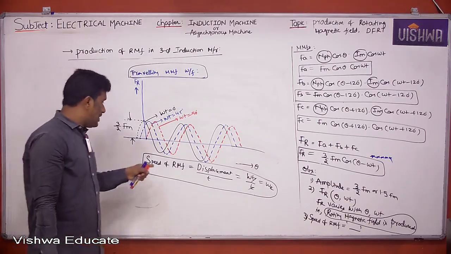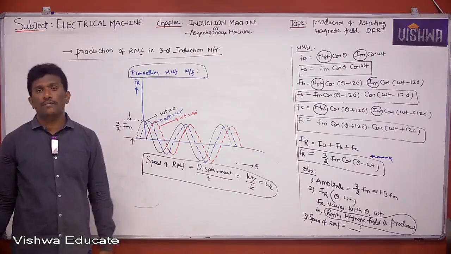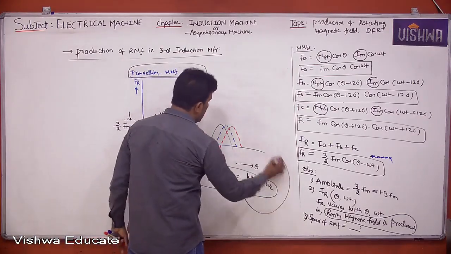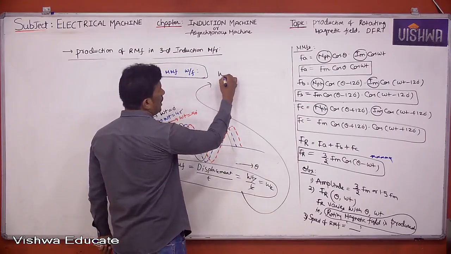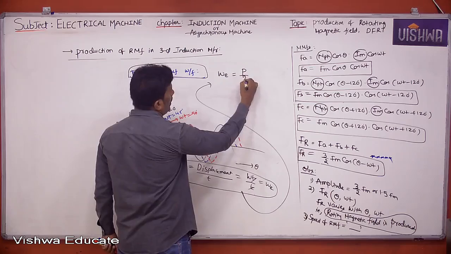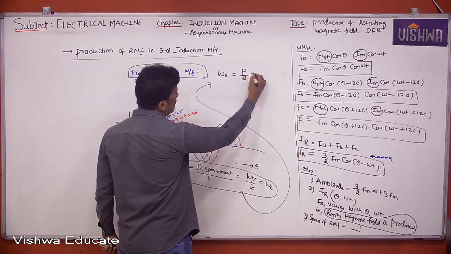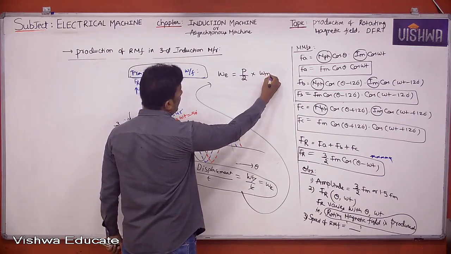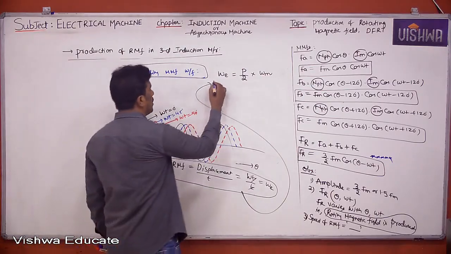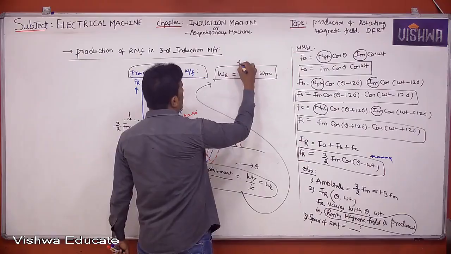But I want the speed in terms of RPM. For that, the relation is omega E, angular frequency, equals P by 2, number of poles by 2, into omega M. Omega M means angular velocity. This relation you have to remember, it's very important.